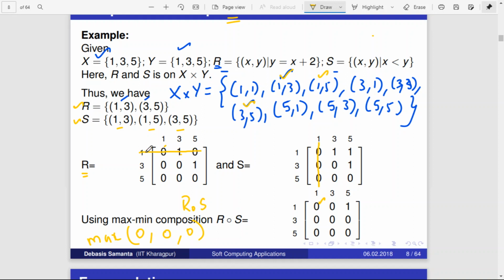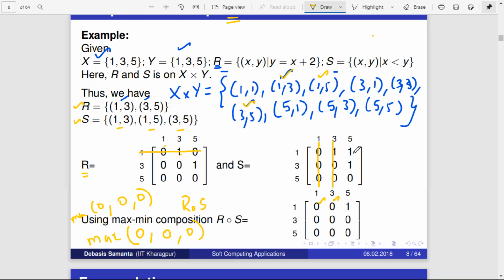Now once again, first row with second column, so you will get the second entry. 0 and 1, the min is 0. 1 and 0, the min is 0. 0 and 0, the min is 0. The max of these is 0, so this is 0.